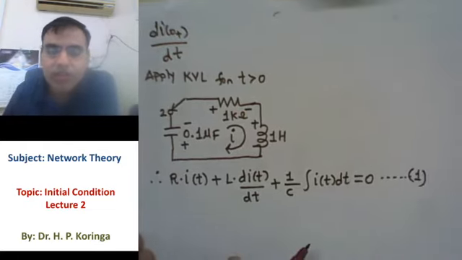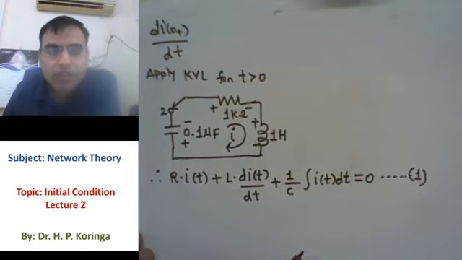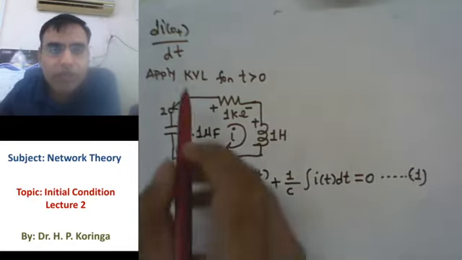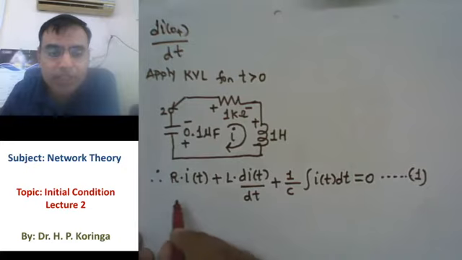Equation 1. Now in this equation, our interest is to find di(0+)/dt. So let me substitute t = 0+.